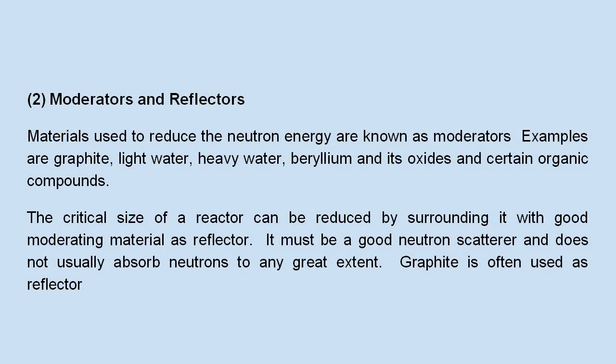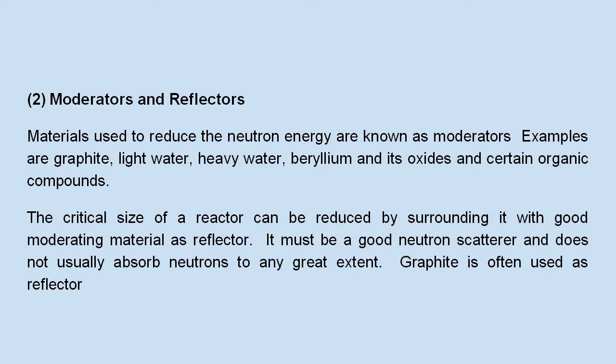Next is moderators and reflectors. Materials used to reduce the neutron energy are known as moderators. Examples are graphite, light water, heavy water, beryllium and its oxides, and certain organic compounds. The critical size of a reactor can be reduced by surrounding it with a good moderating material as reflector.